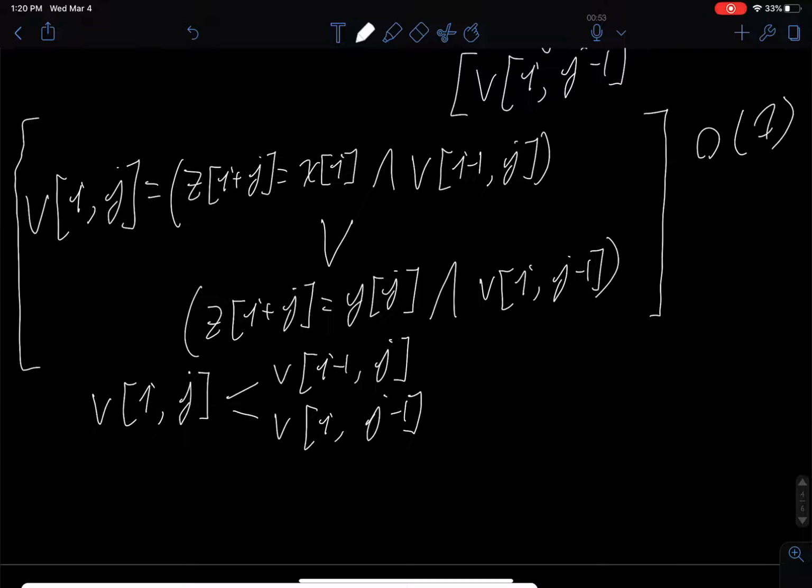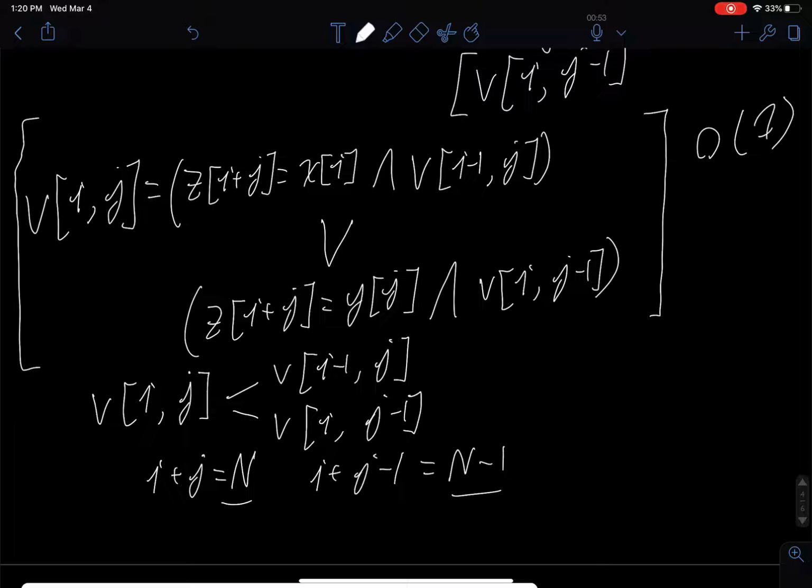And we can see that the sum of the arguments here goes from i+j to i+j-1. In other words, to compute all v_{ij} such that i+j equals n, all we need to know ahead of time are all v_{ij} such that i+j equals n-1. This gives us the order in which to compute these subproblems.